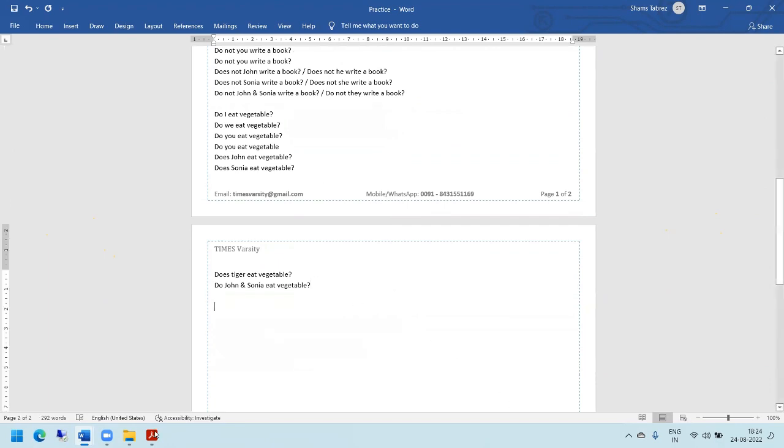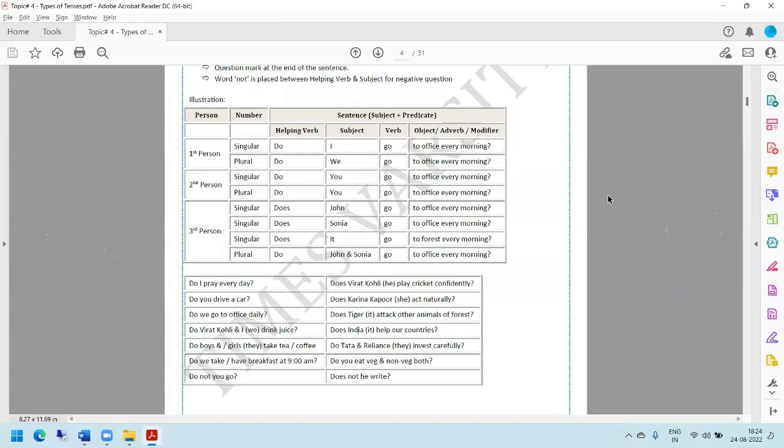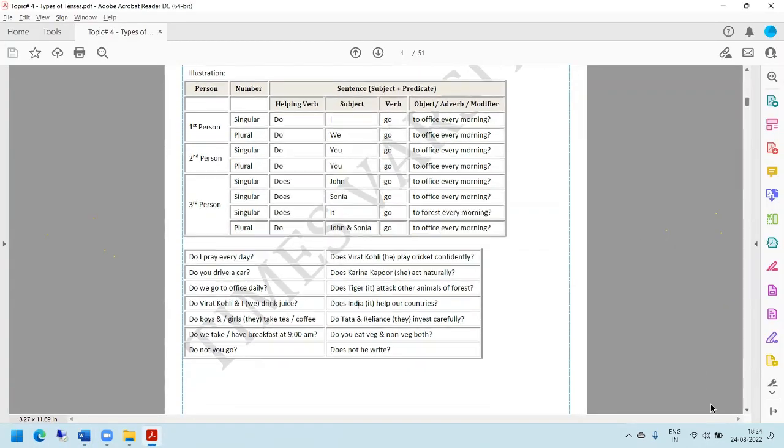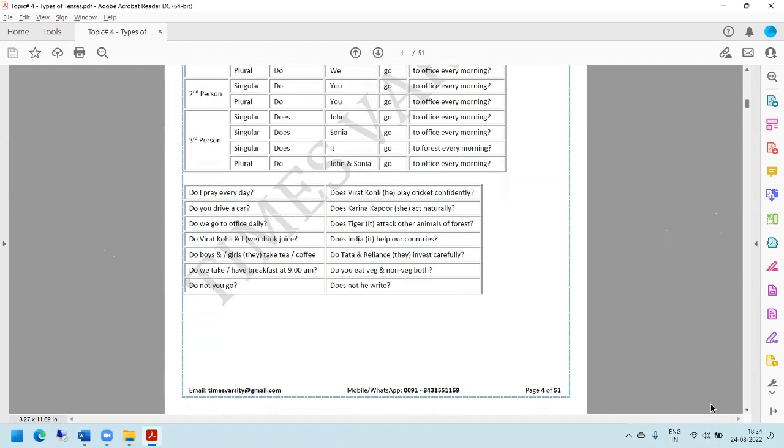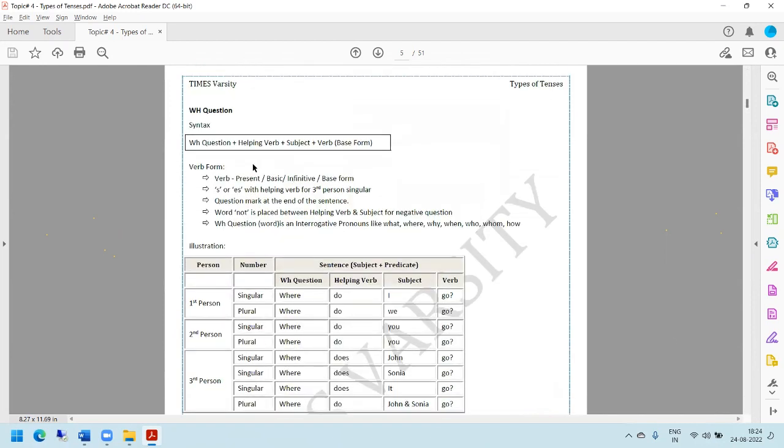Now go to WH question. How to make WH question? WH question means the question in which we have a word which starts with WH or W, right? When are you going? Where are you going? Who are you? Such questions are called WH questions.